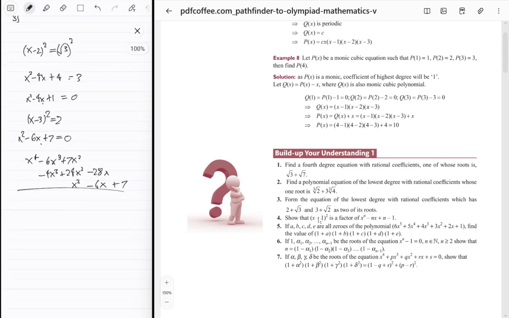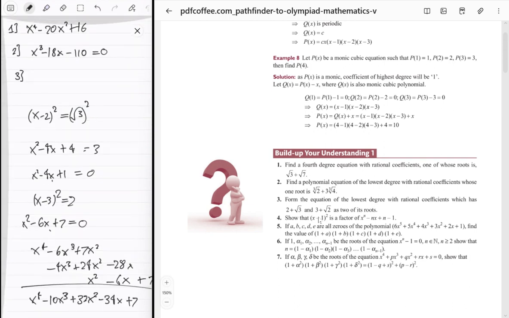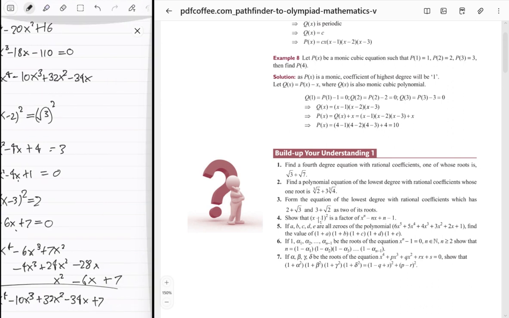Okay, which in combination is going to be x power 4 minus 10x cubed plus 32x squared minus 34x plus 7. Is that the thing? Hopefully. So got x power 4 minus 10x cubed plus 32x squared minus 34x plus 7.